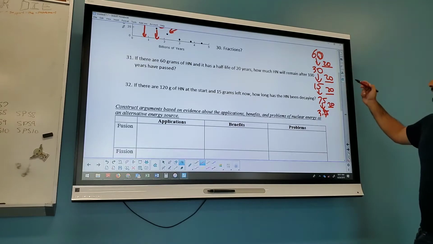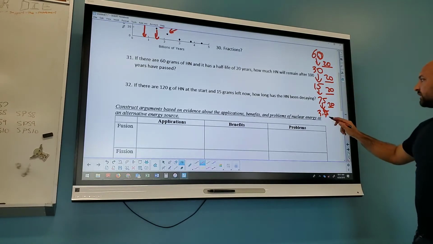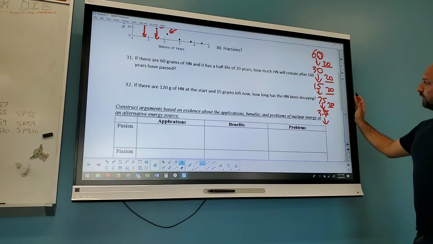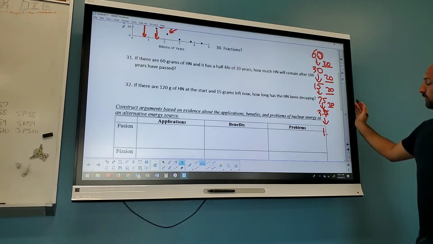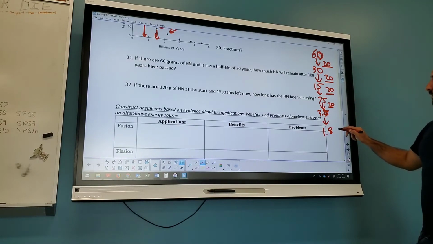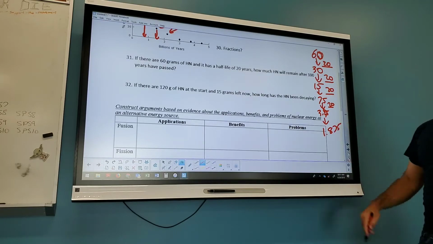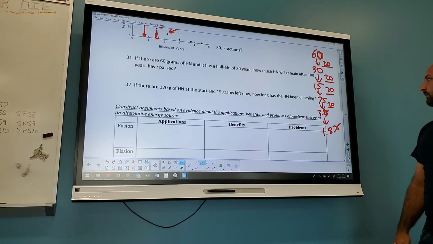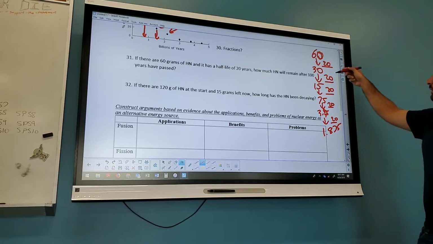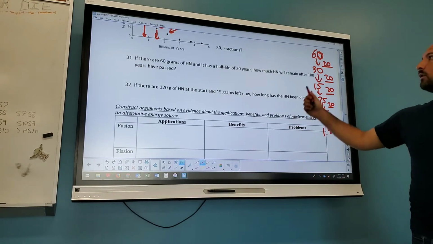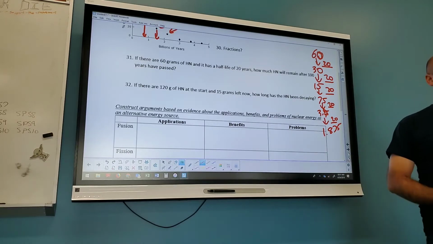So we've gone through a total of 80. We got to do one more, which gives me 1.875, something like that. You have a calculator? 1.875, and that's a total of 5 half-lives of 20 years, which is 100 years, the total time. Are we good with that?